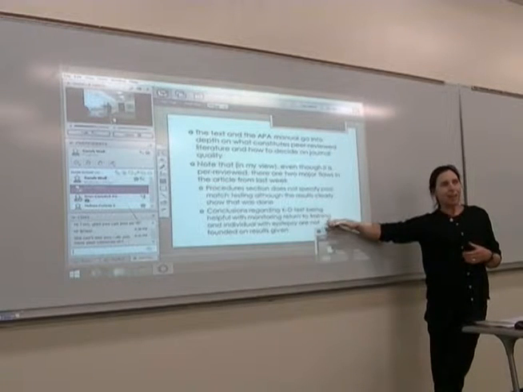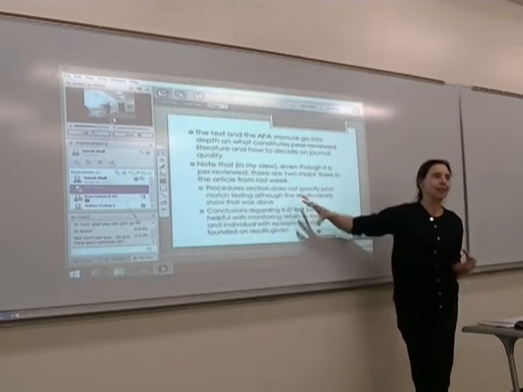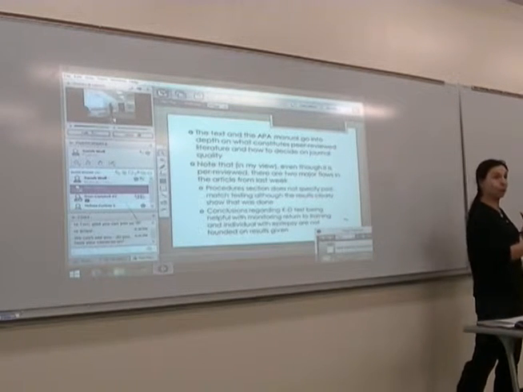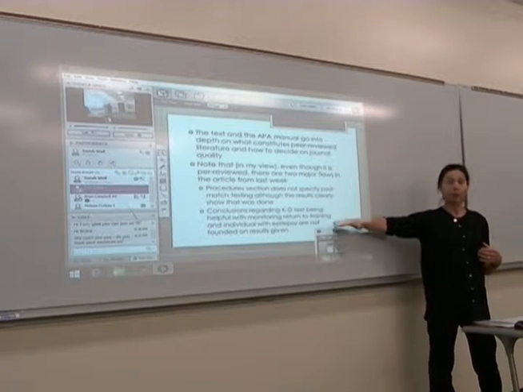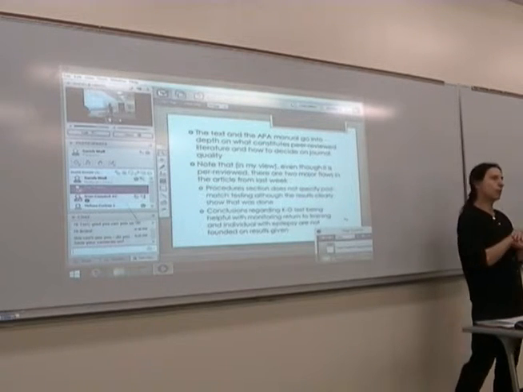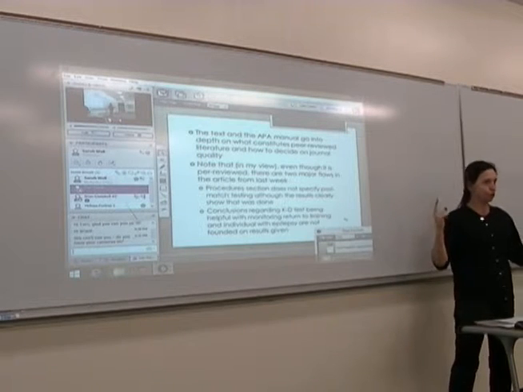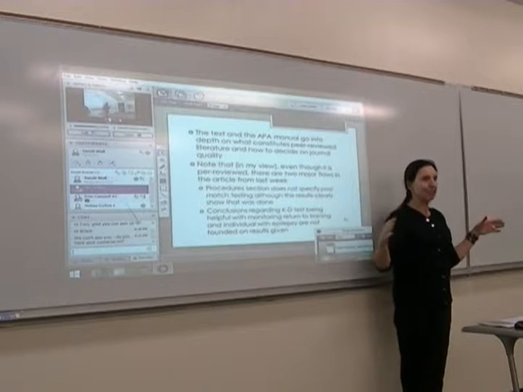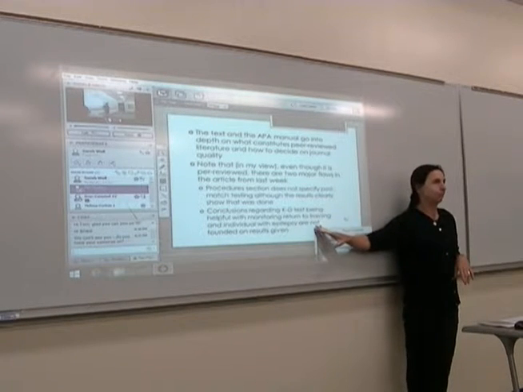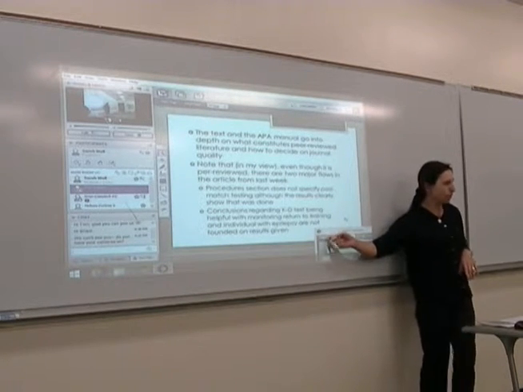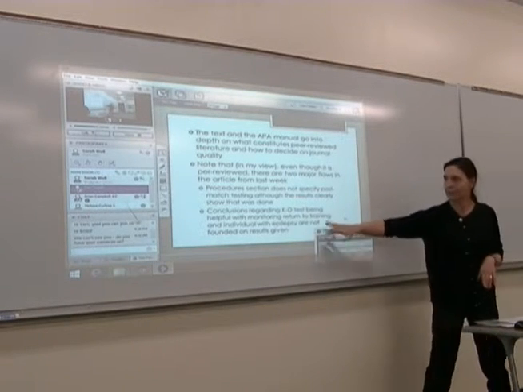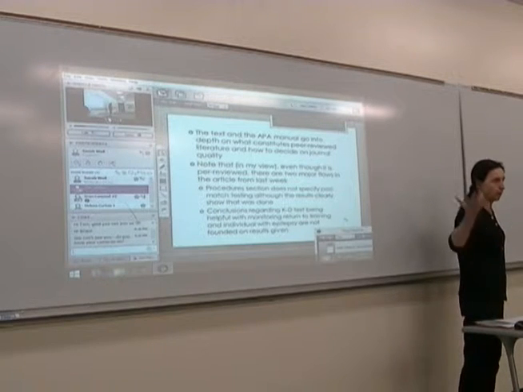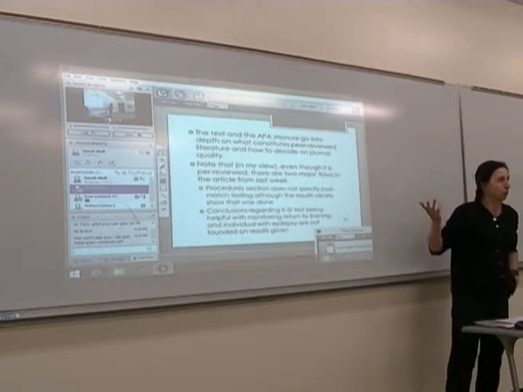What I suspect happened was that originally this was one bigger article that also included a population of people with epilepsy, and they decided to cut it into two and get two publications out of one data collection, and when they cut it in two, they didn't edit it very carefully. That's what I suspect happened there, because you don't just suddenly introduce a new population in the discussion of your paper that you never talked about. Right?